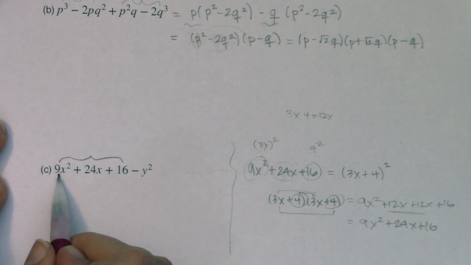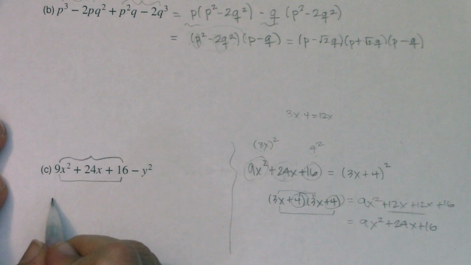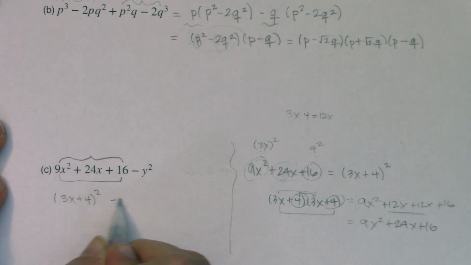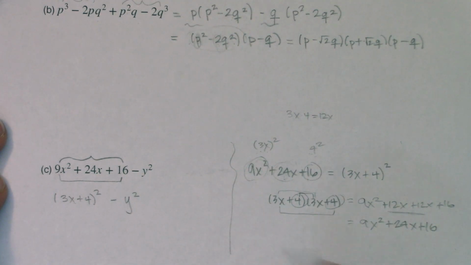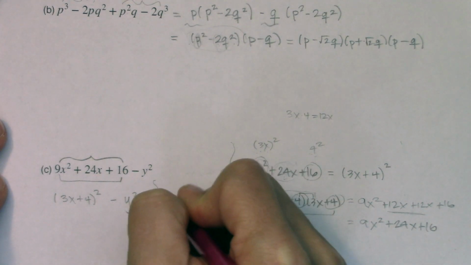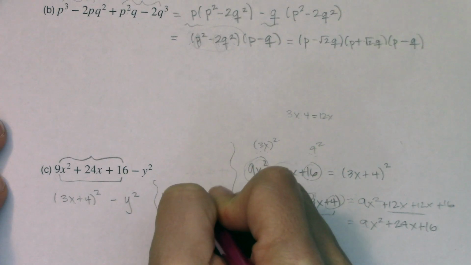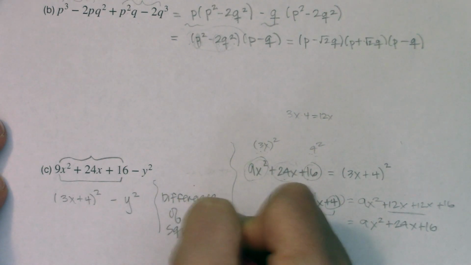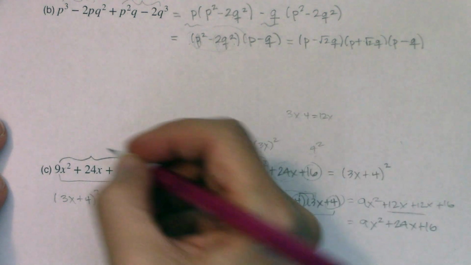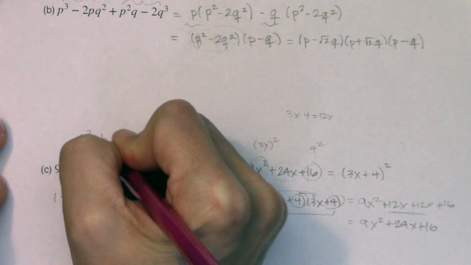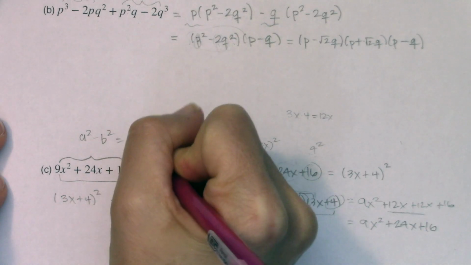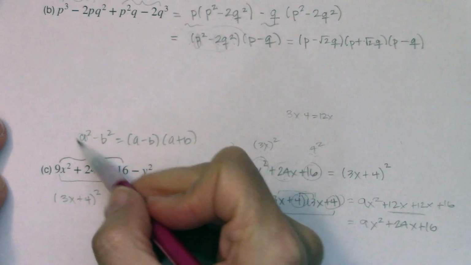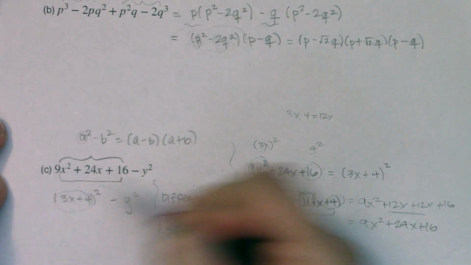So what that means is this trinomial, I'm going to rewrite as 3x plus 4 squared minus y squared. And now I have a difference of squares. We're going to build on this. I told you this one's super convoluted and it hurts. All right, difference of squares. If we think about a squared minus b squared, which we know we can factor into a minus b times a plus b, my a this time out is 3x plus 4.